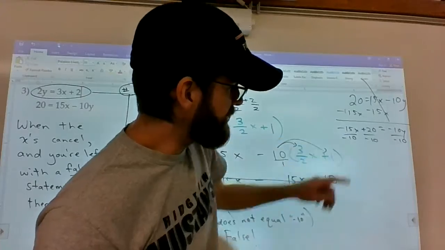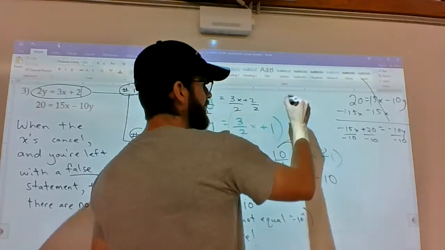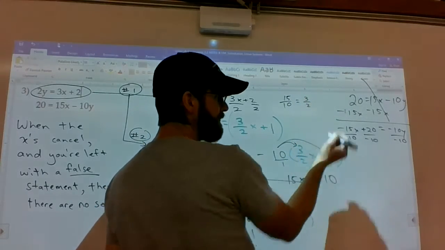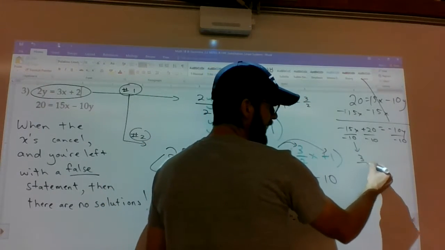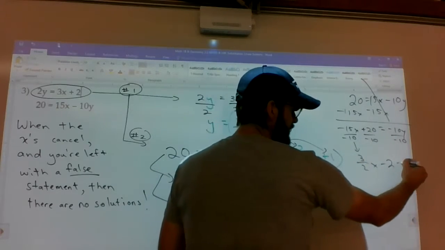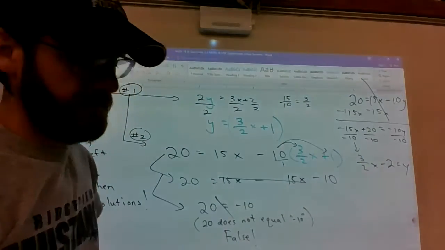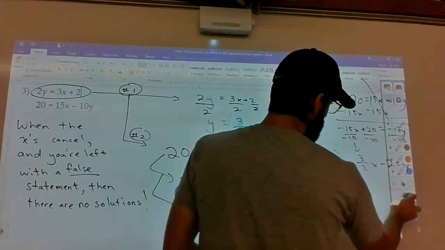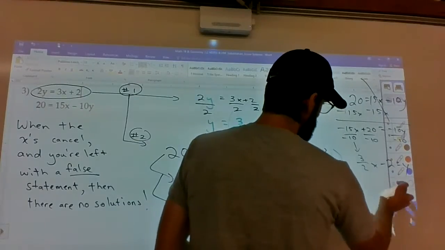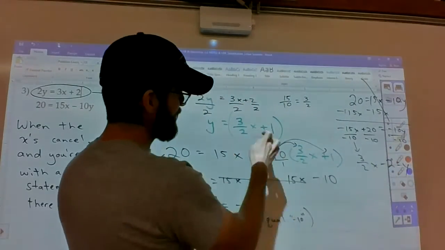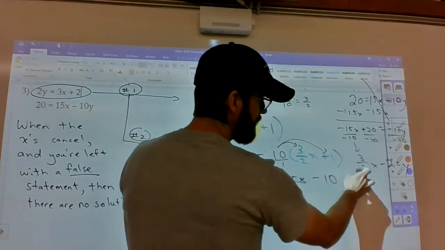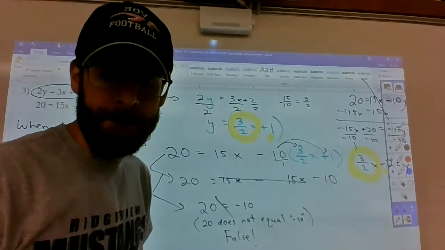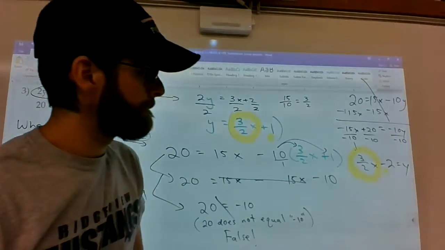Negative 15 over negative 10 is a positive. 15 over 10, divide the top by 5, the bottom by 5, you get 3 halves. Okay, you get 3 halves x minus 2 equals y. The slope is the same, but the starting points are different. No solution.